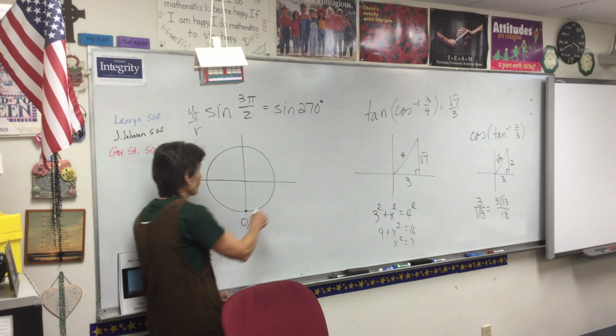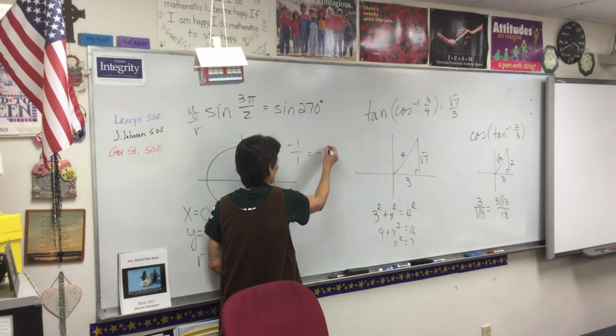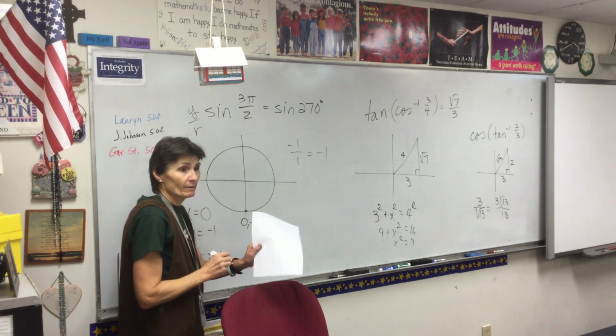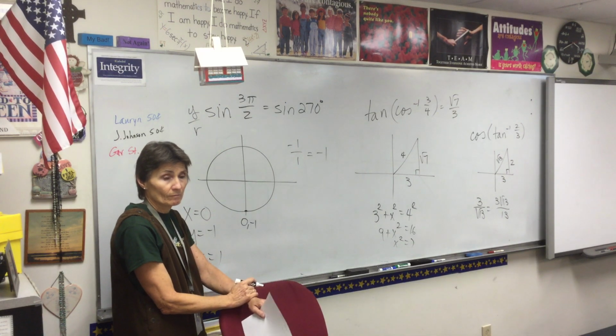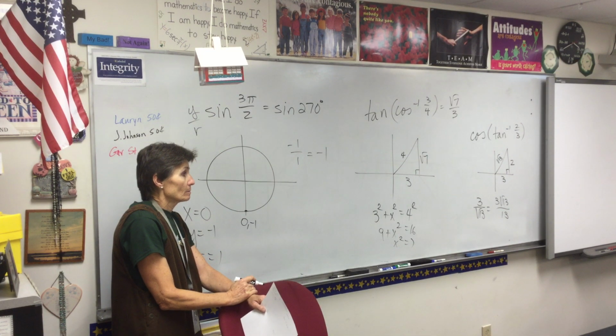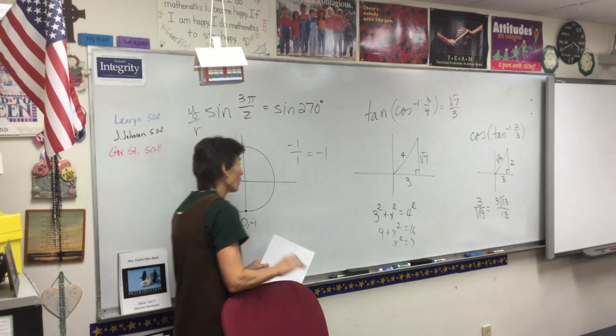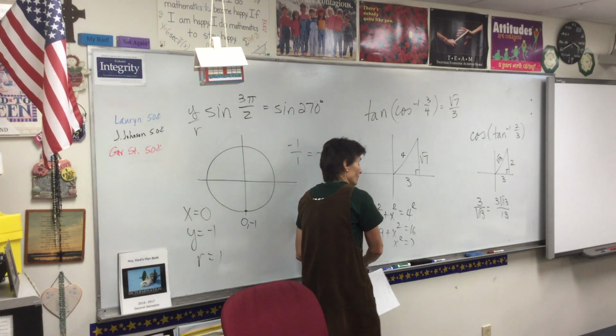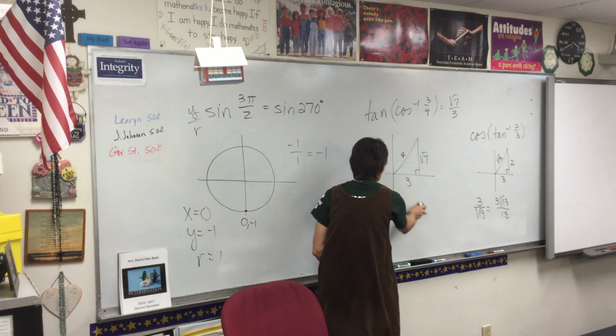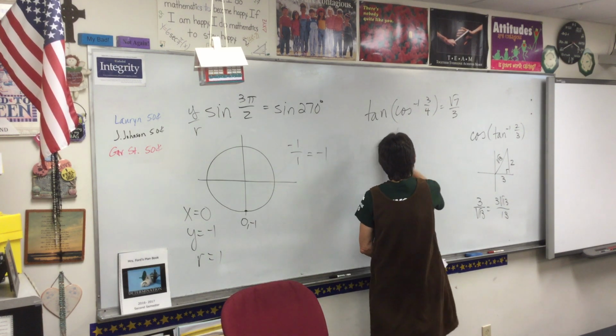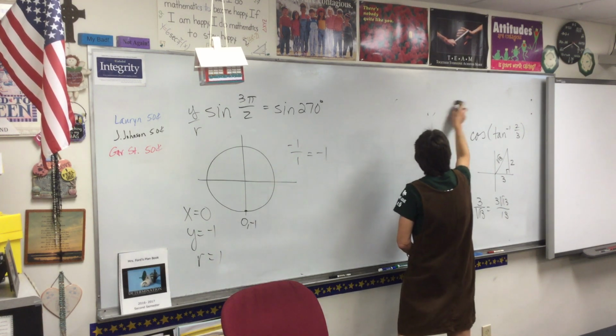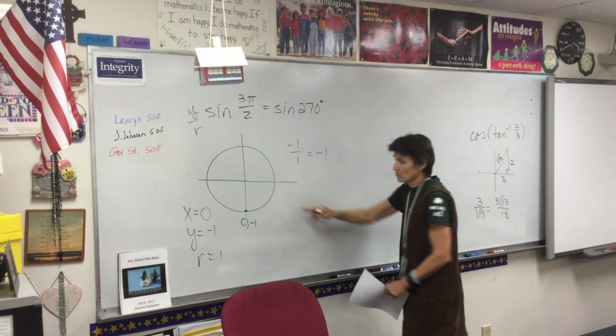So y over r would be -1 over 1, which is -1. For all these problems, the first thing you're going to do is draw your angle. If your angle happens to be on an axis, then you're going to use the circle.